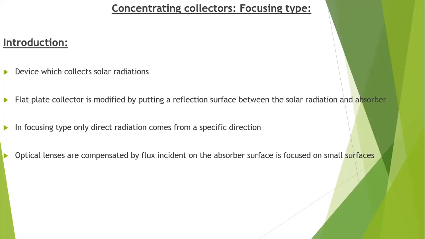Next, the optical losses are compensated because the flux incident on the receiver surface is focused on a small area. The high intensity of solar radiation lets the receiver surface attain high temperatures.